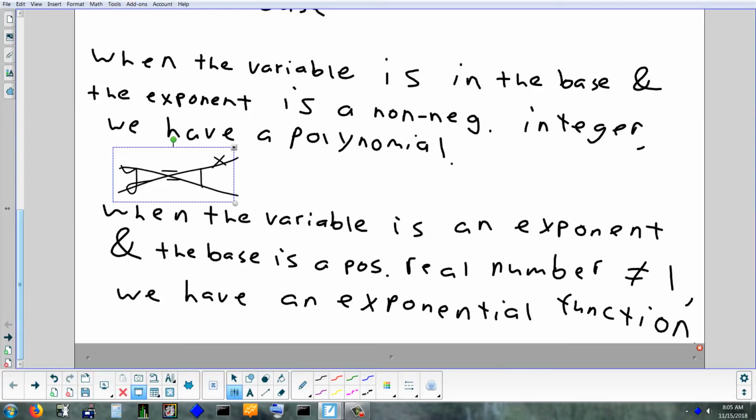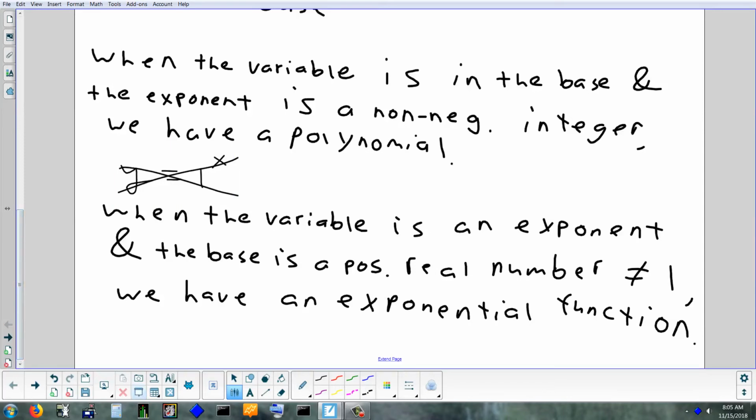So as long as your base is a positive real number that's not 1, and your variable is in the exponent, you have an exponential function. And exponential functions are one of the fastest growing ones we have. They curve up very, very sharp. Question on the definition for an exponential function?